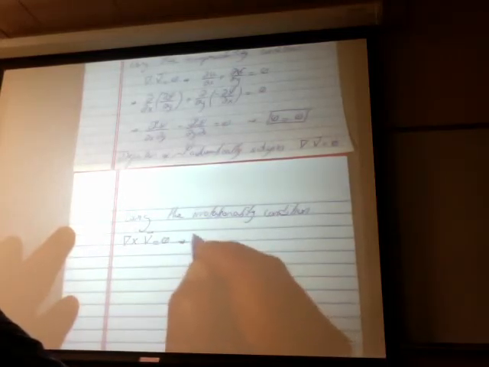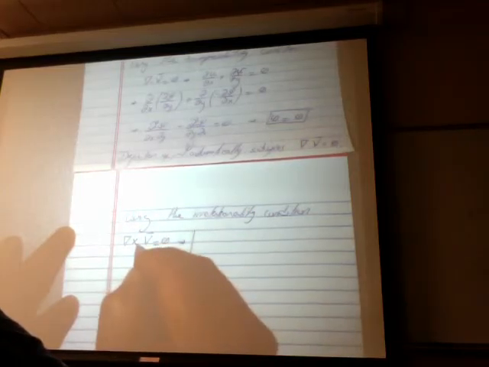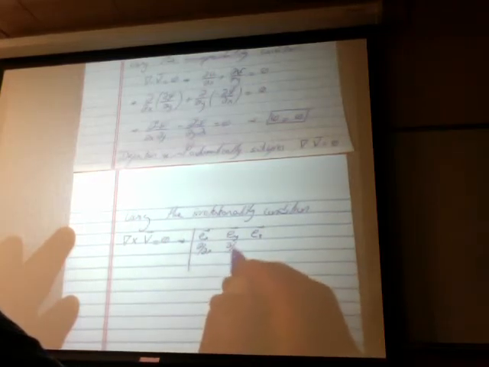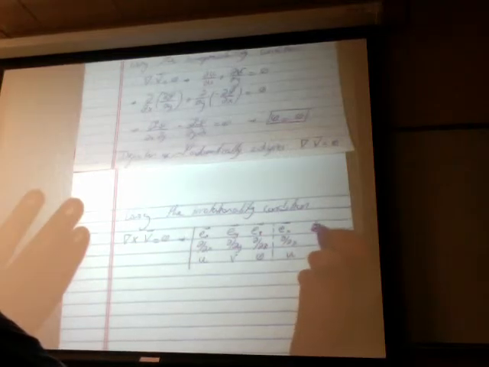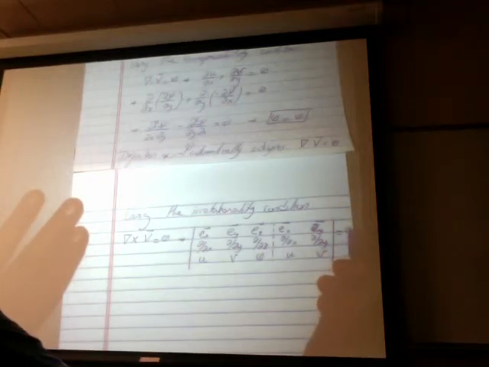And therefore, when we do the curl of the velocity field, we get the determinant with e_x, e_y, e_z, d/dx, d/dy, d/dz, and then u, v, and w, which is equal to 0, because this is a 2D vector field.